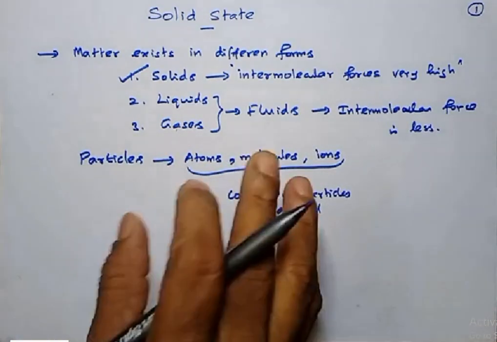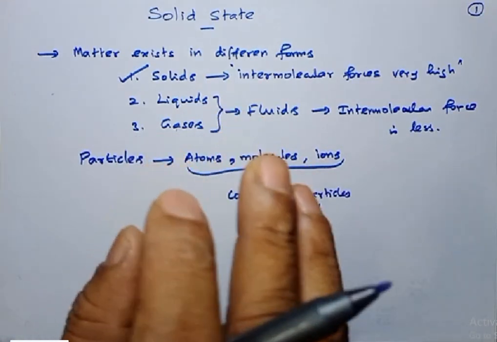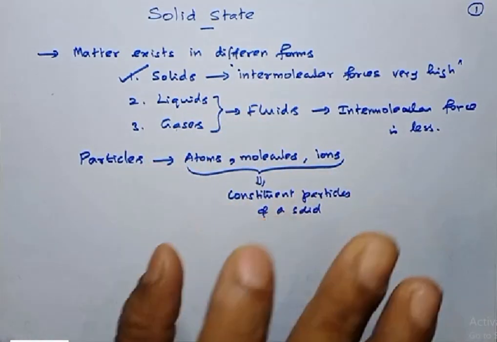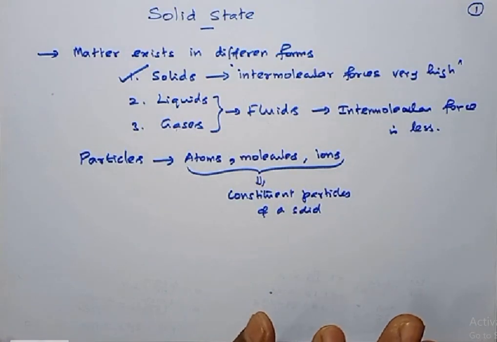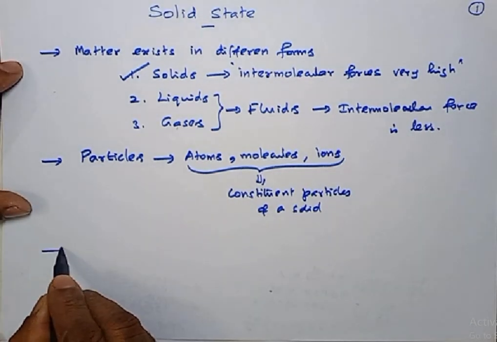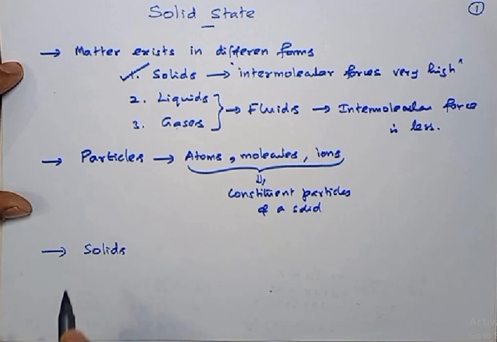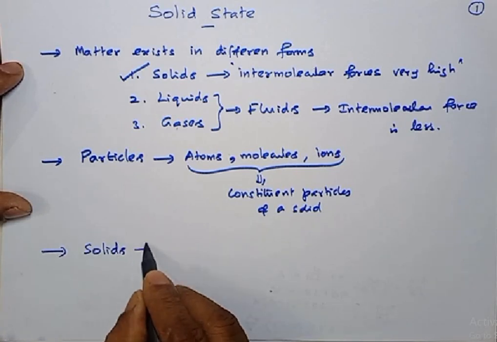If I say constituent particle, it means the atoms or molecules or ions that are present in the crystal. Right? Yes. Solids are classified mainly into two. This is how solids are classified.